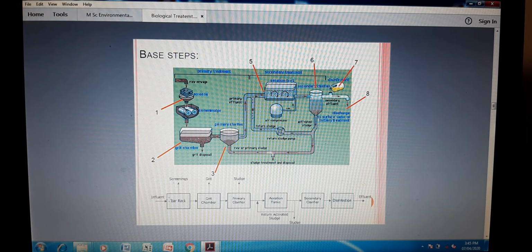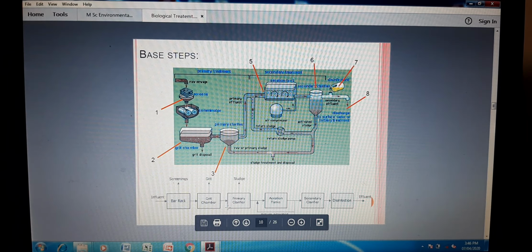When it is discharged, it goes to the preliminary unit. In this preliminary unit, the first unit is the bar screen, or bar rack. After this, it goes towards the grit chamber. The grit chamber will remove the gritty matter. The bar screen removes the screening things which could affect the next unit operations.